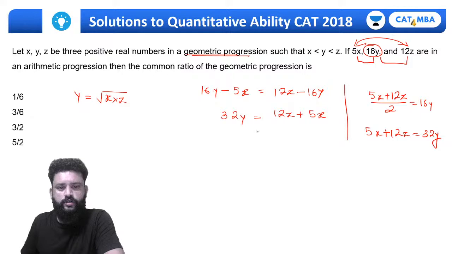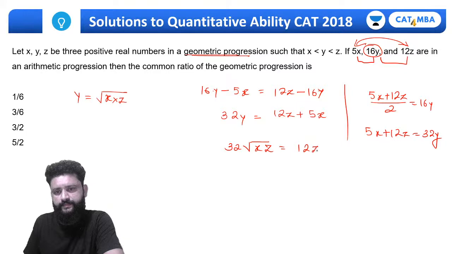So I'll try to put the values here. 32 times under root of x into z must be equal to 12z plus 5x.